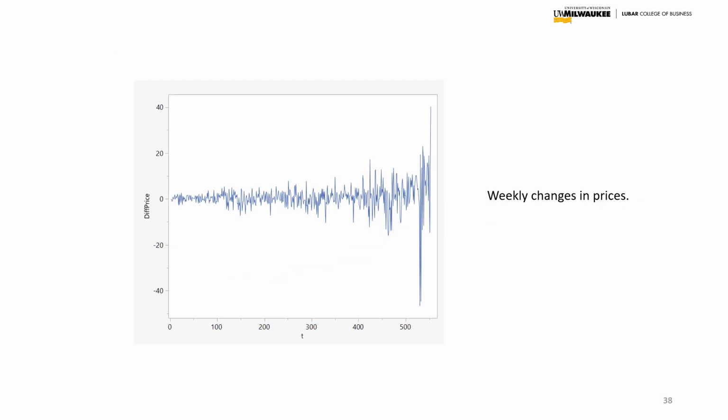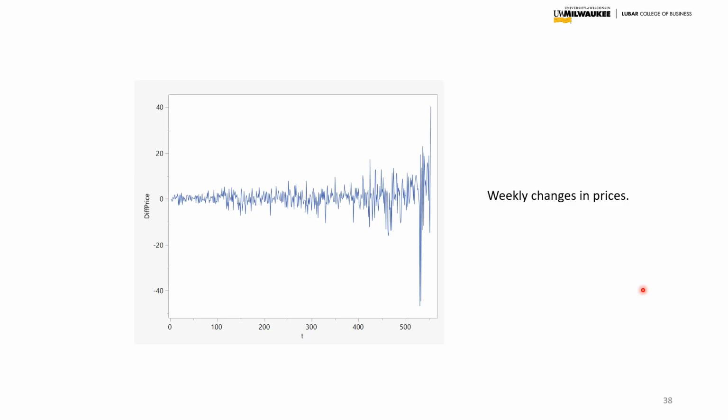The first thing I did was take the changes in prices, and we see here a series that is flat lined. However, the variability in this series is increasing over time. So we don't have an IID process. We have a process that may be patternless, but with increasing variability.